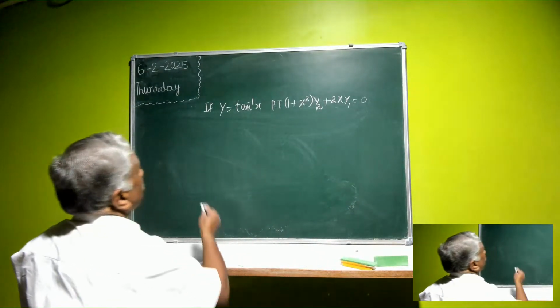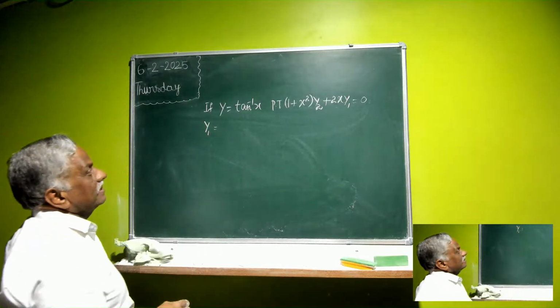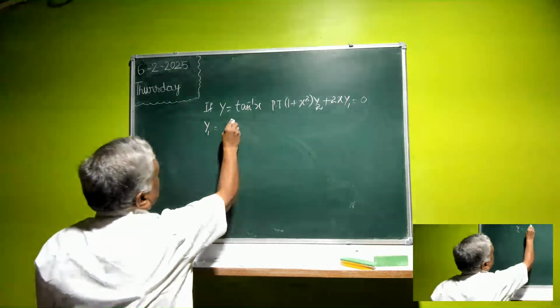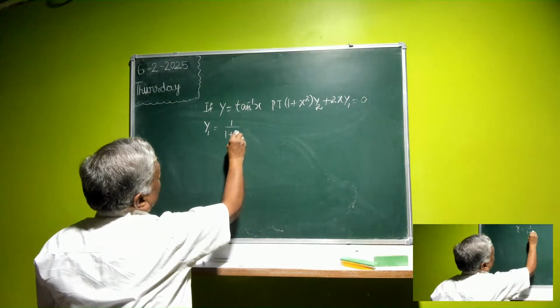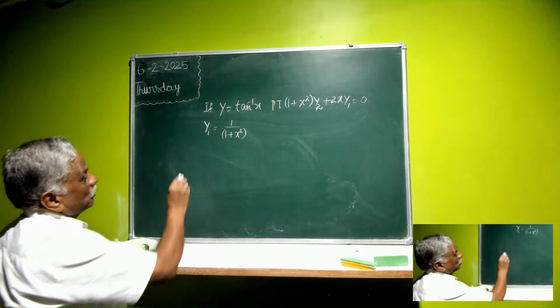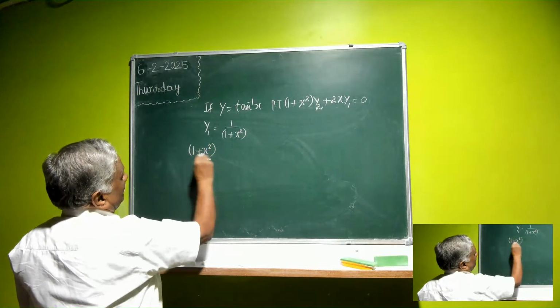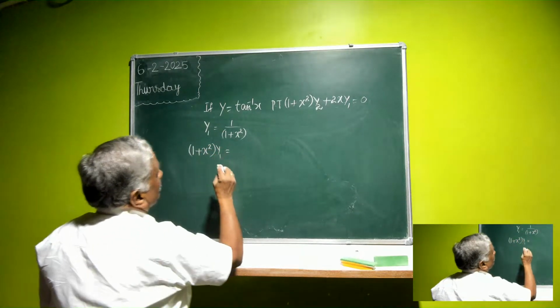What is the first step? You are differentiating. Left hand side is y1. This is 1 over 1 plus x square. What is the next step? Cross multiply. You get (1 plus x square) into y1 is equal to 1.